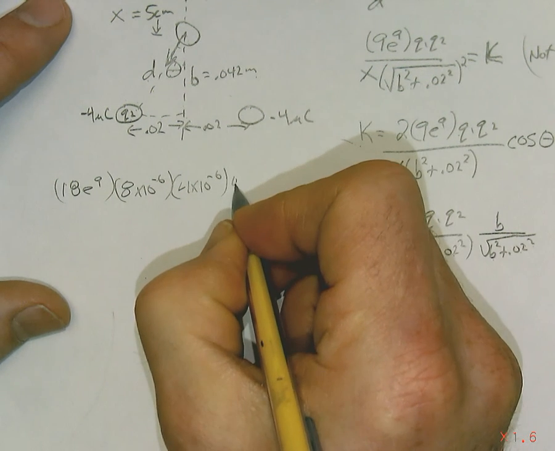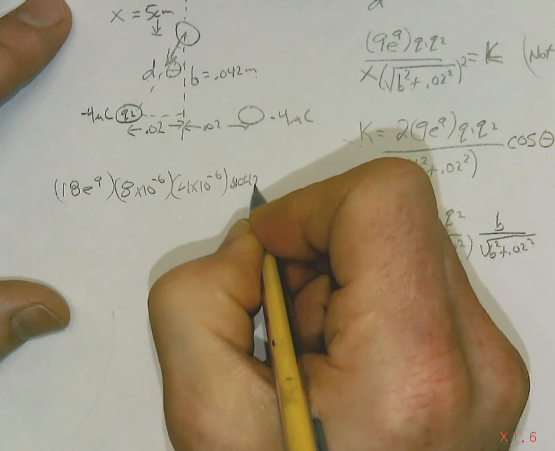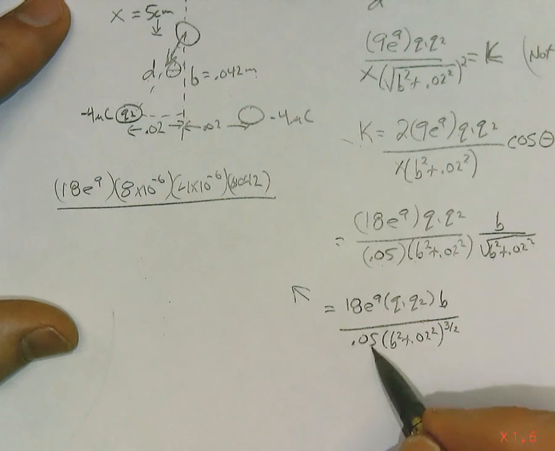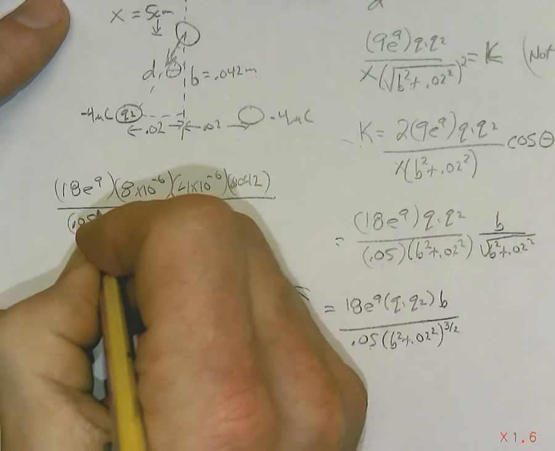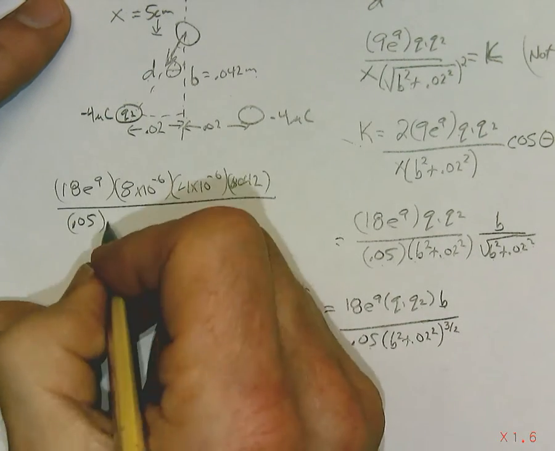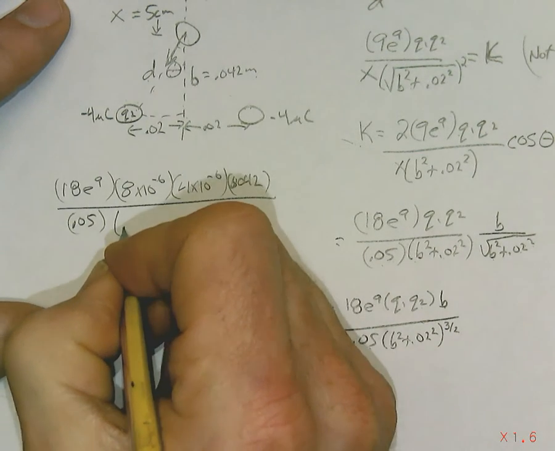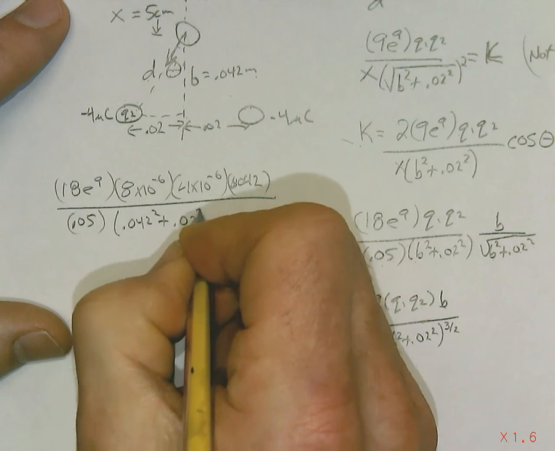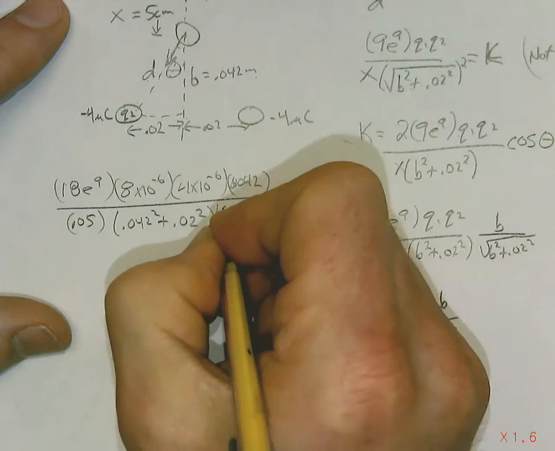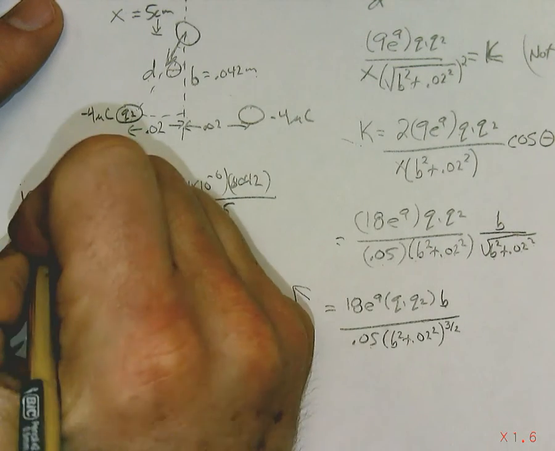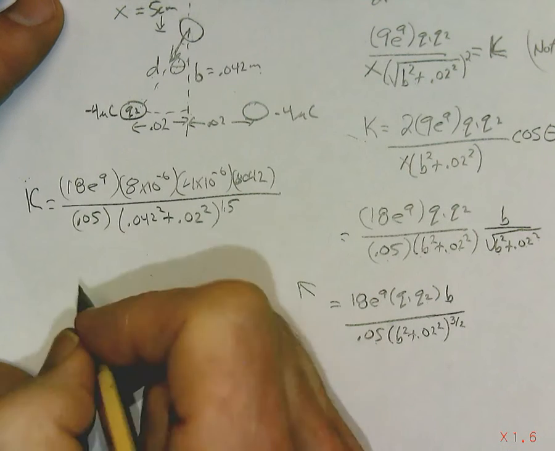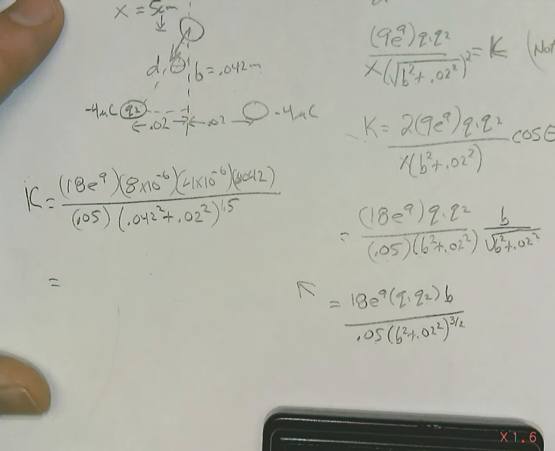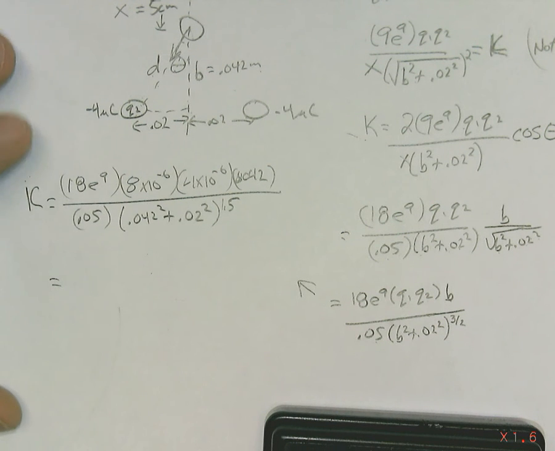So 0.042, and then divide this all by 0.05, and we also have b squared, so 0.042 squared plus 0.02 squared to the 1.5 power, and that should be equal to k. All right, so now the rest of it's probably just a waste of time.